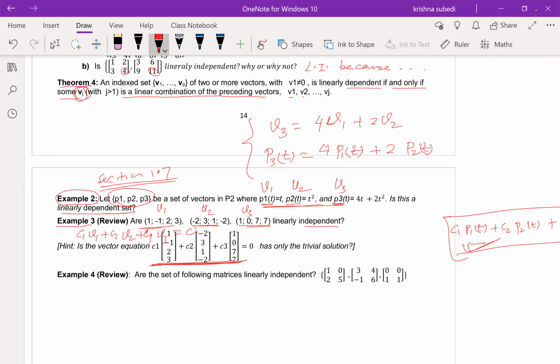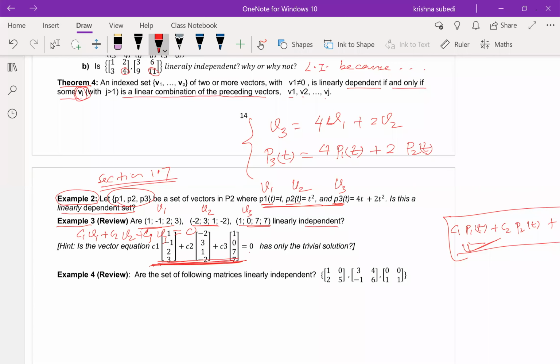So you consider the augmented matrix or maybe the coefficient matrix, it doesn't matter. Change it into echelon form. That's what we did. If we change this into echelon form, then how can we check whether these vectors are linearly dependent or independent?